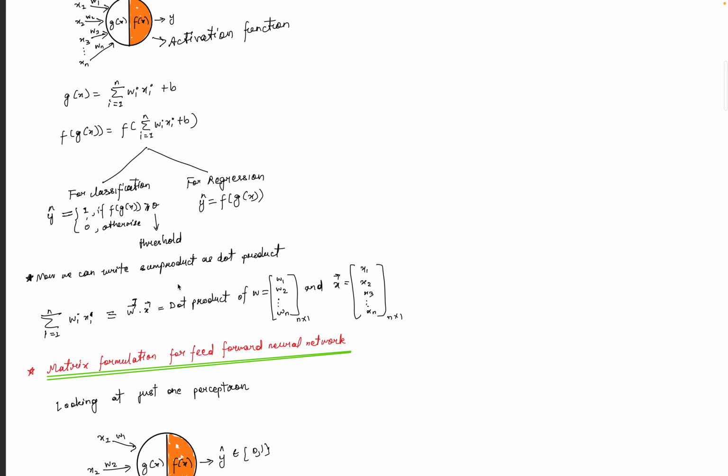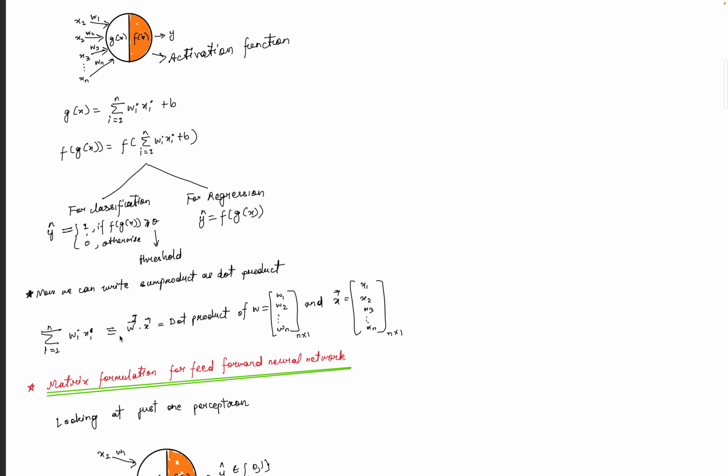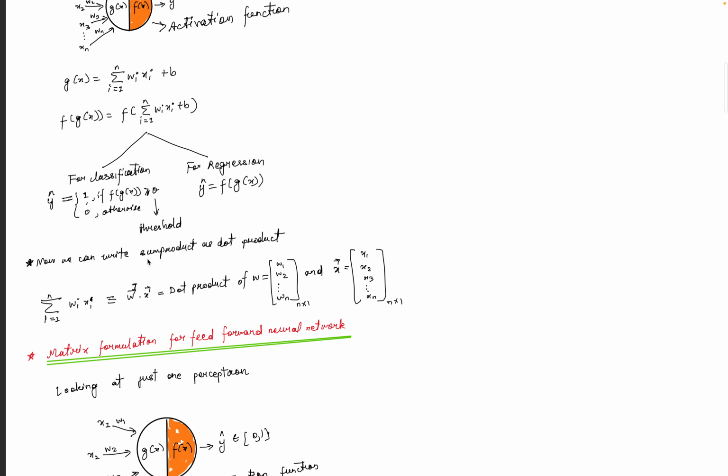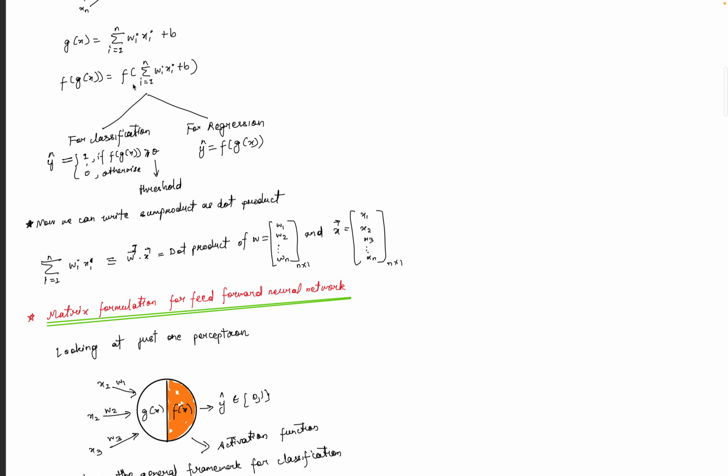So there is a way to vectorize this. We can simply take the dot product of the weights vector and the input vector. If w1 till wn is a weight vector and x is the input vector, we can simply take the dot product and we'll get the sum product.